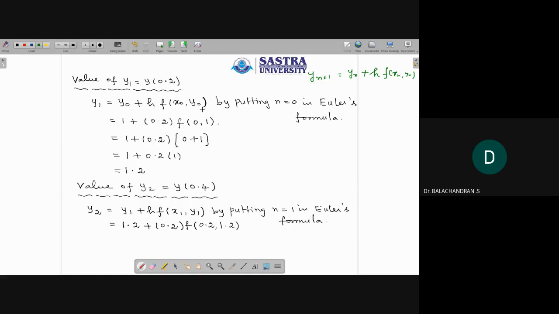So we know that y naught is 1, h is 0.2, x naught is 0, and y naught is 1. And we know that f of x comma y is x plus y.